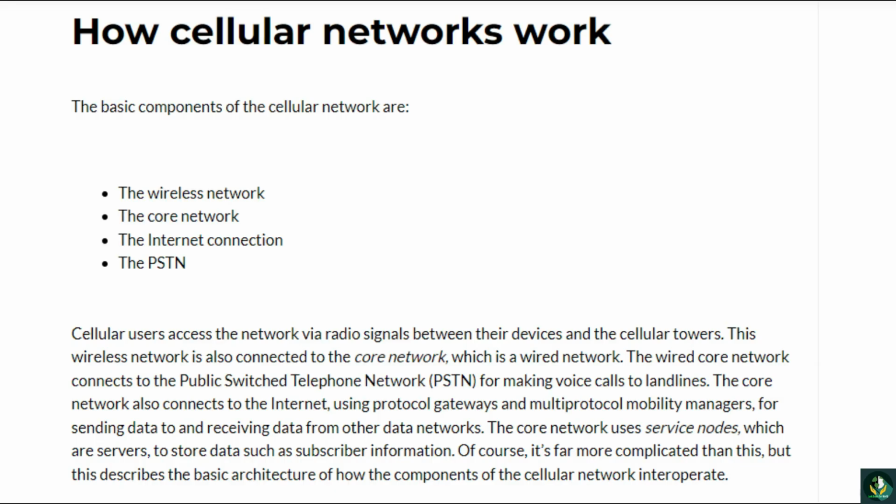How cellular networks work. The basic components of cellular networks are the wireless network, the core network, the internet connection, and the PSTN. Cellular users access the network via radio signals between their devices and the cellular towers. This wireless network is also connected to the core network, which is a wired network.